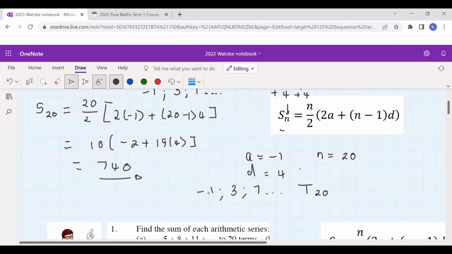Let's use the same number. Then term number 20 is, first of all, A, -1 plus n minus 1, which is 20 minus 1, which is 19, times the difference, which is 4.